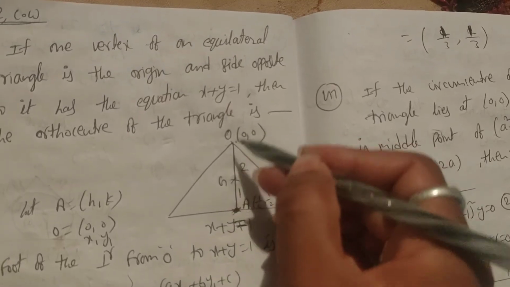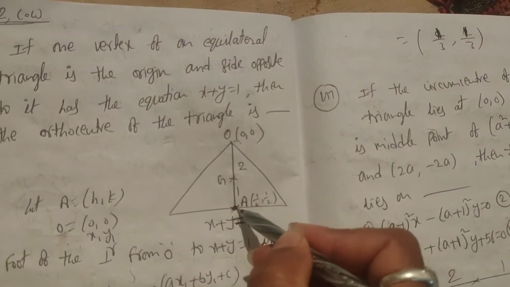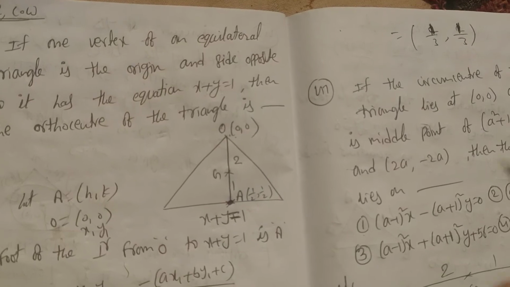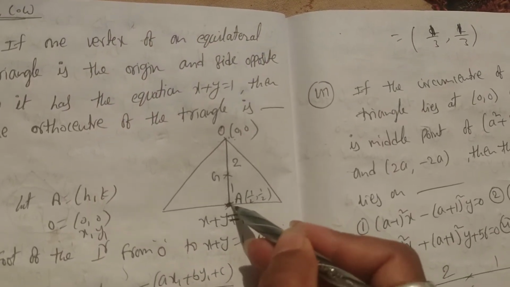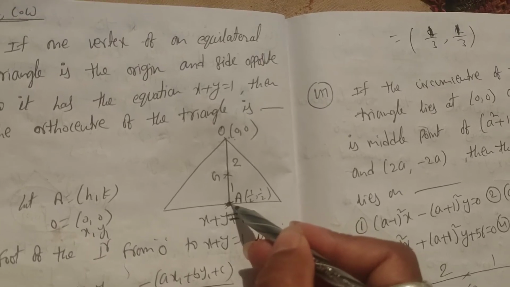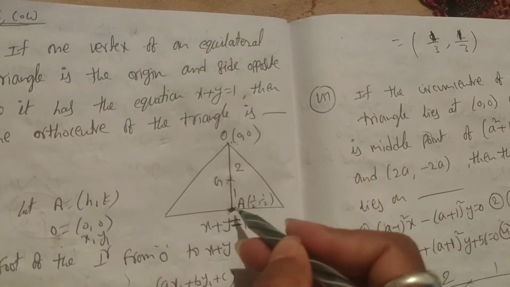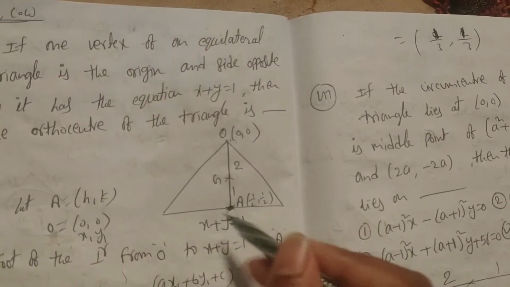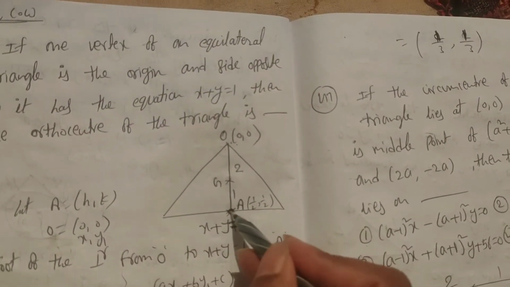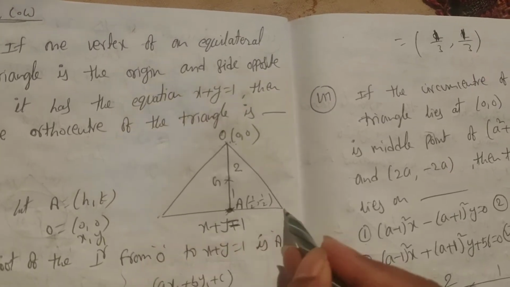So if you draw the perpendicular, that is nothing but the median only. So how to find this point? You cannot find the median, that means the midpoint, because you don't know these two lines.